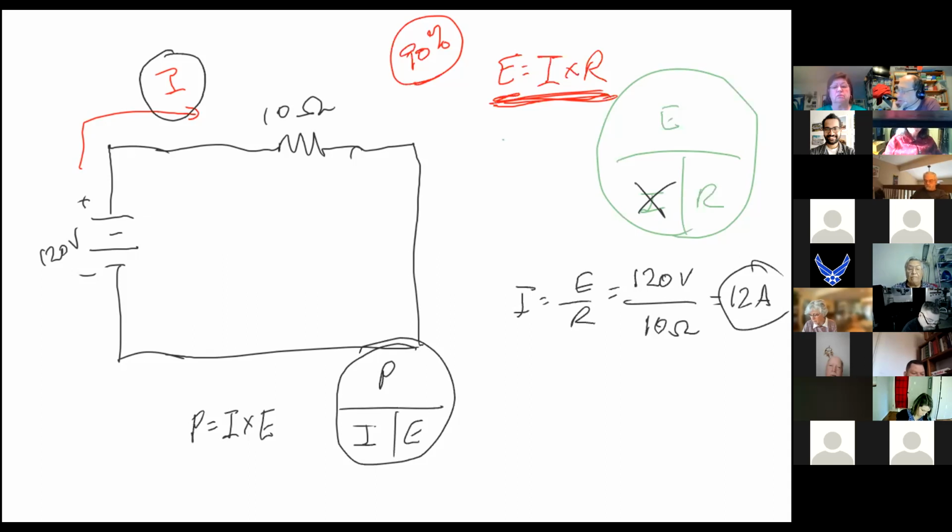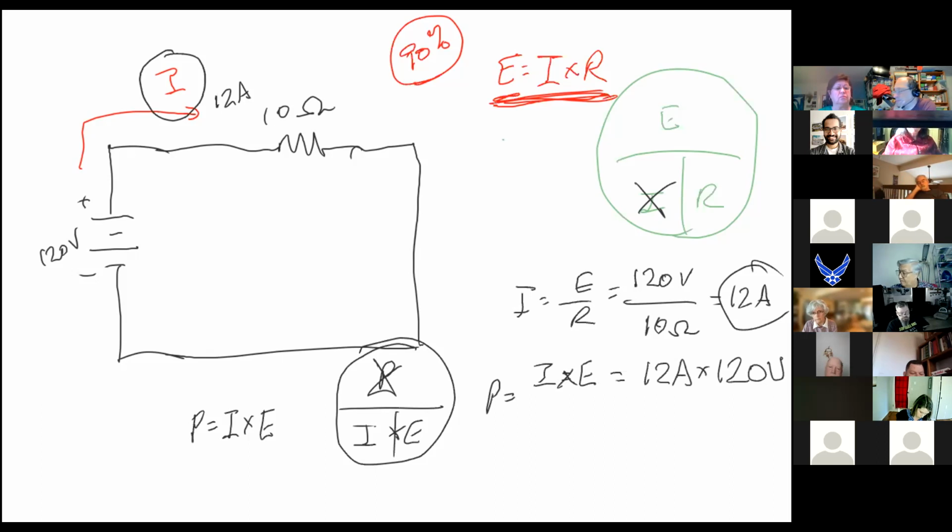Well, we know our current because we already just calculated it. We don't know our power. The power is equal to I times E, and that's 12 amps times 120 volts. And how much do we have from that? 1,440 watts.